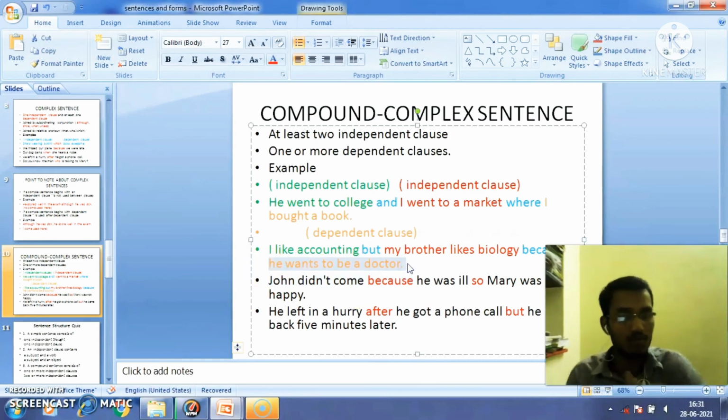We can't understand what I am going to say, right? If I say my brother likes biology, why? Because he wants to be a doctor. The clause he wants to be a doctor is a dependent clause which depends upon the independent clause, the previous clause. So you have to remember that.